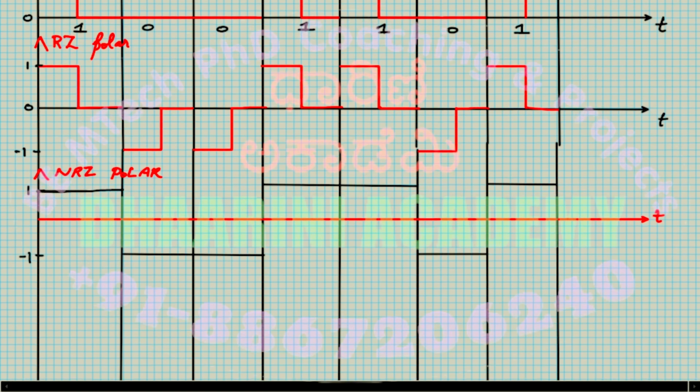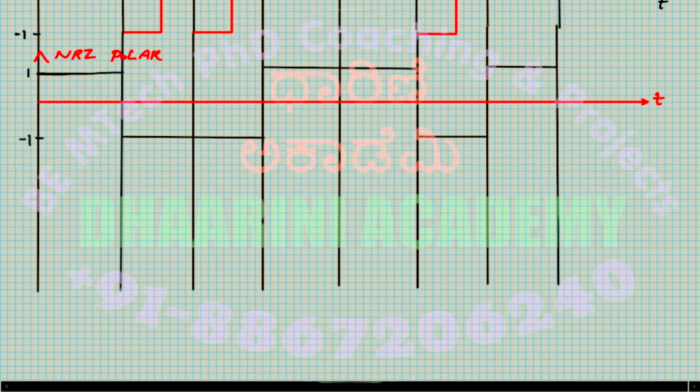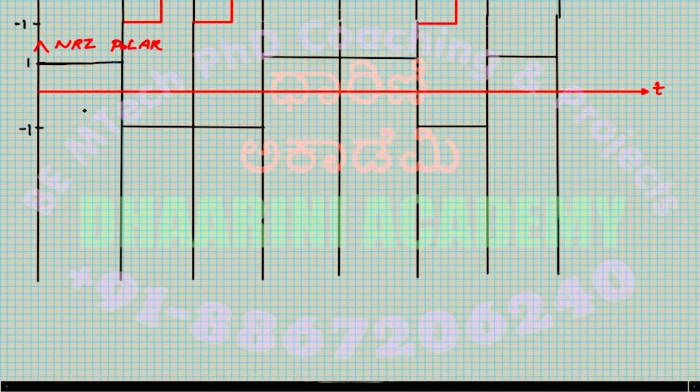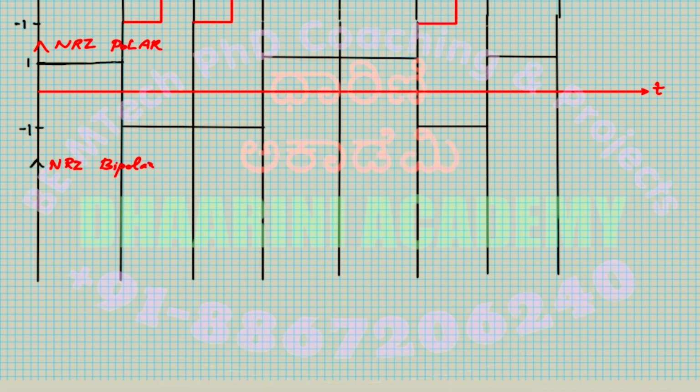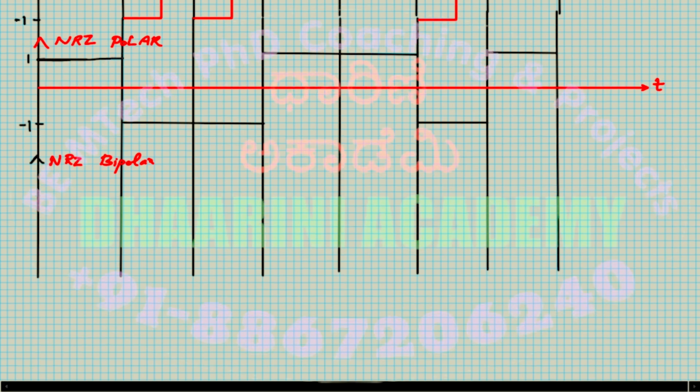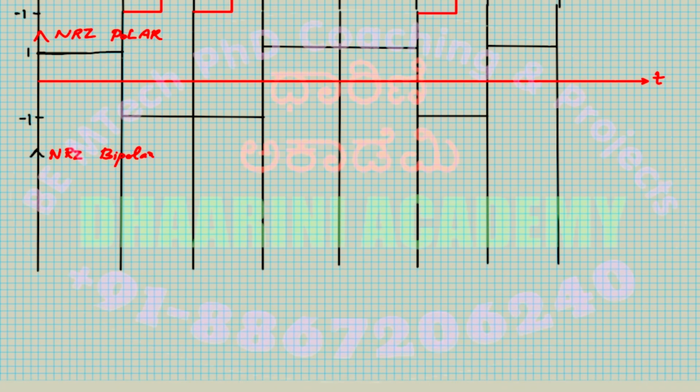Okay, then we have bipolar techniques to follow. So that means the next waveform will be NRZ bipolar. We have the two polarities, and the two polarities will be used only when you have consecutive ones.